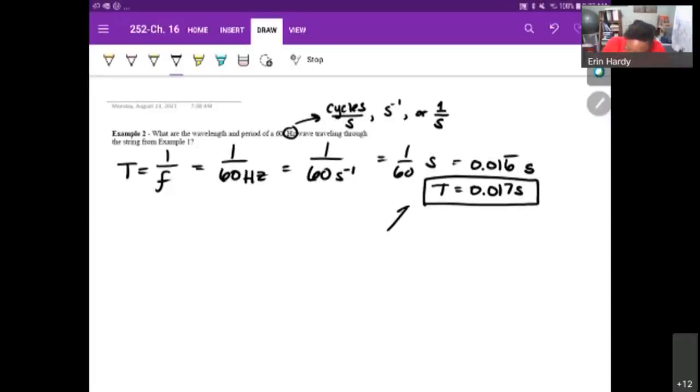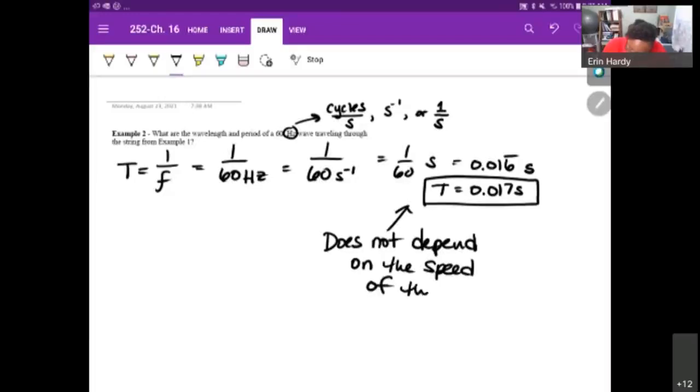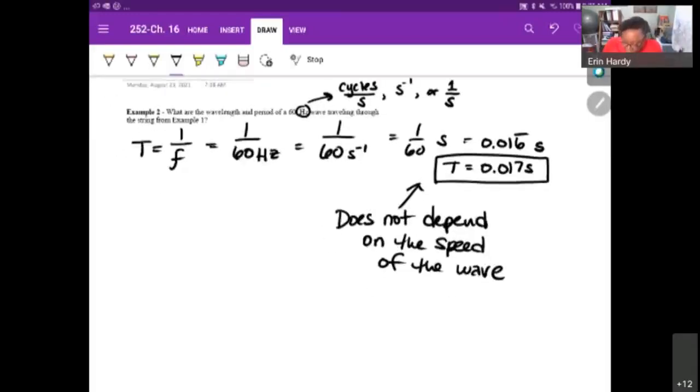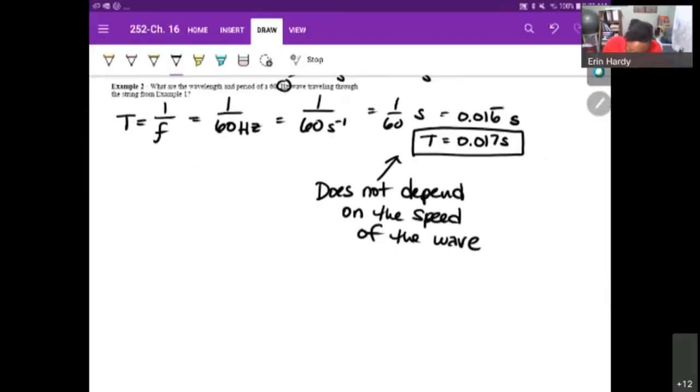So this one does not depend on the speed of the wave, just to make this clear. The wavelength is going to depend on that wave speed.